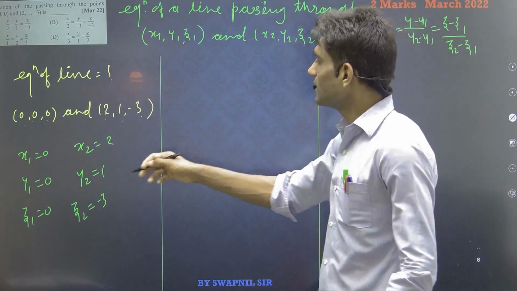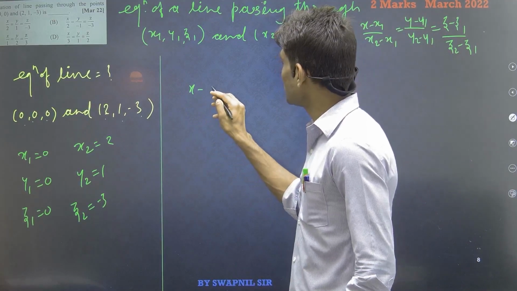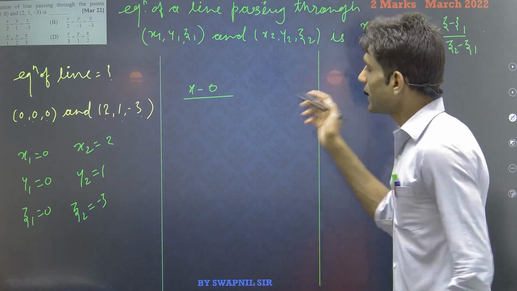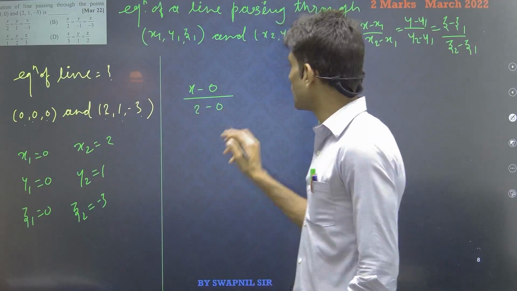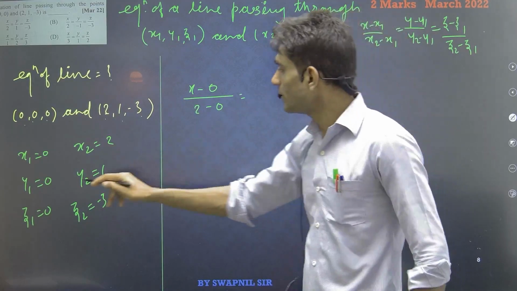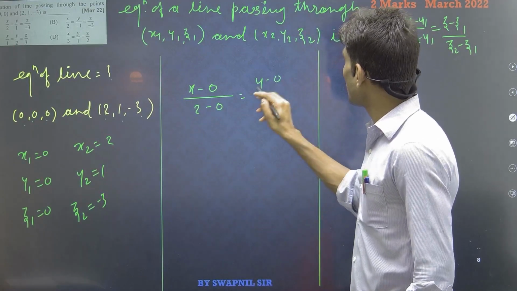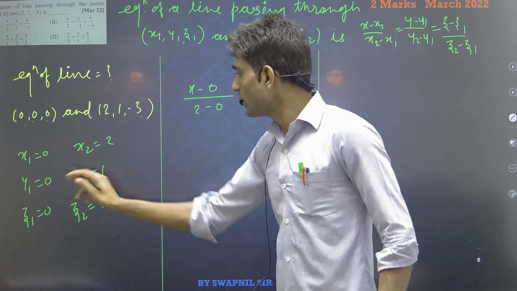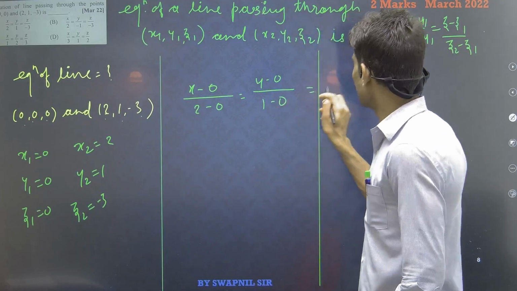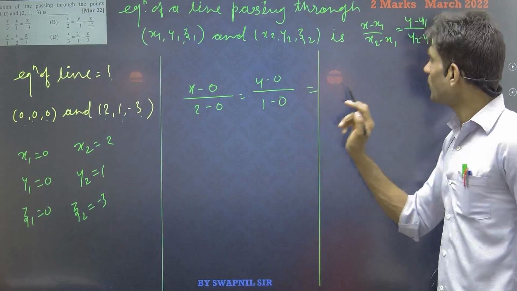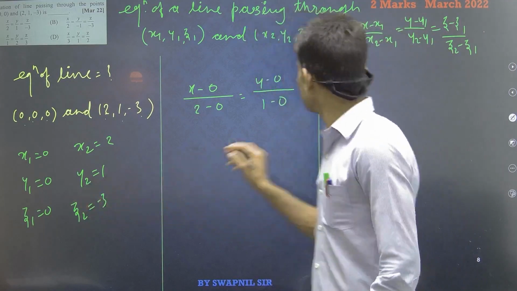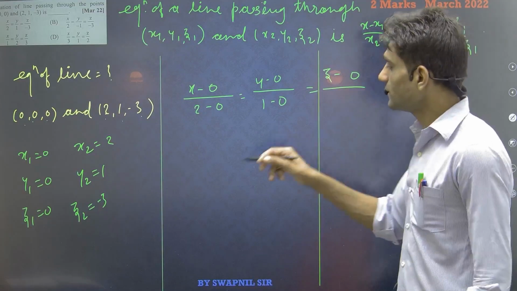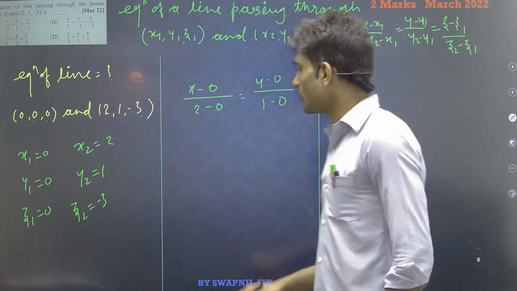So x minus x1 means x minus 0, upon x2 minus x1, that means 2 minus 0, which is equal to y minus 0 upon y2 minus y1, 1 minus 0. Similarly, z minus z1, which is 0, upon z2 minus z1, minus 3 minus 0.